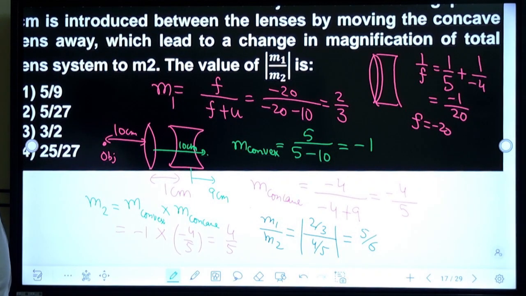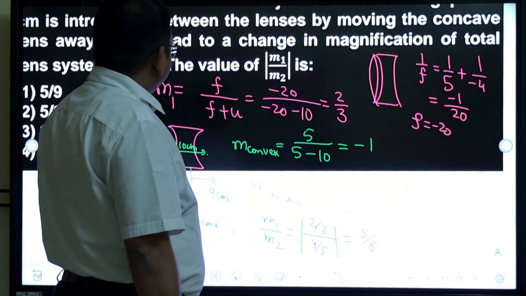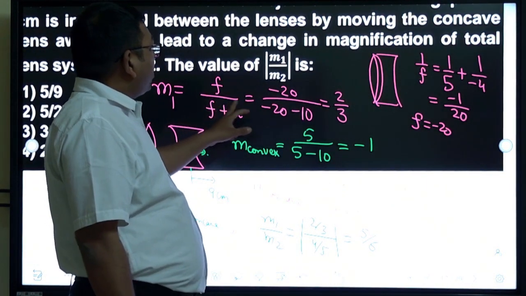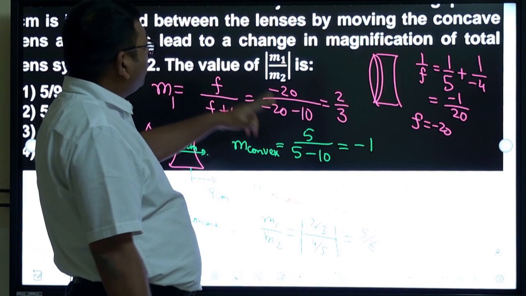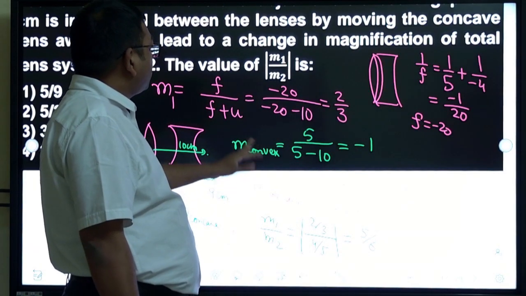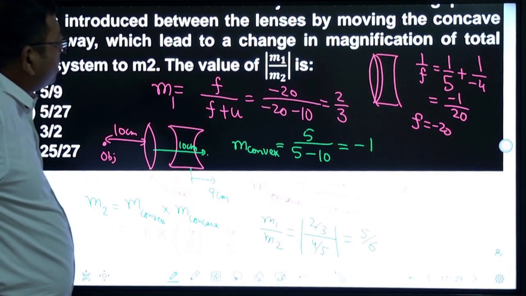We are not getting this answer as 5 by 6. Where has the mistake happened? The magnification formula is f by f plus u. We have used it properly. In the first case the equivalent focal length we calculated was minus 20 and we have used it. Okay, so 2 by 3 was correct.